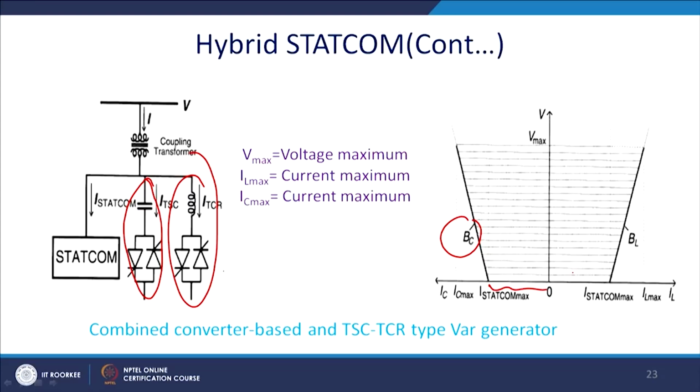This is due to the I Statcom max, thereafter IC max, and this can go in this direction without any contributions of this IL max or IC max. Thus, both will add up and will give you the total IC max. So, this is the principle of the operation of the hybrid Statcom.